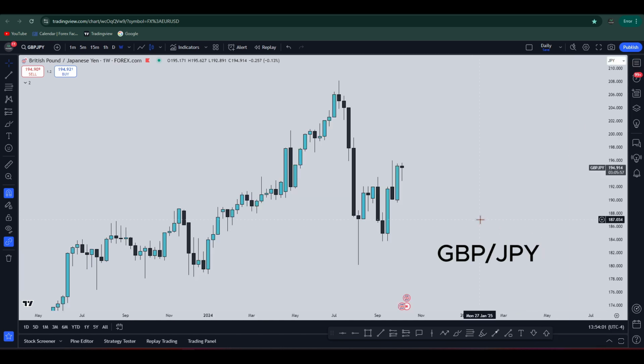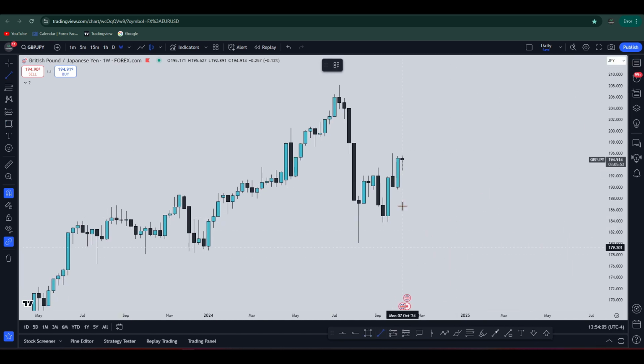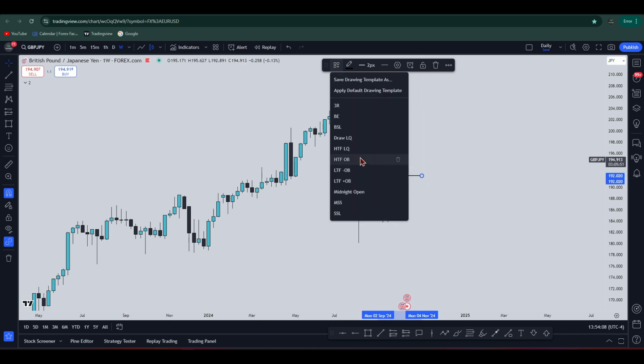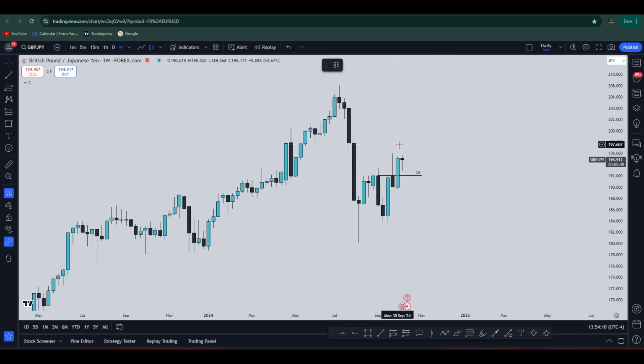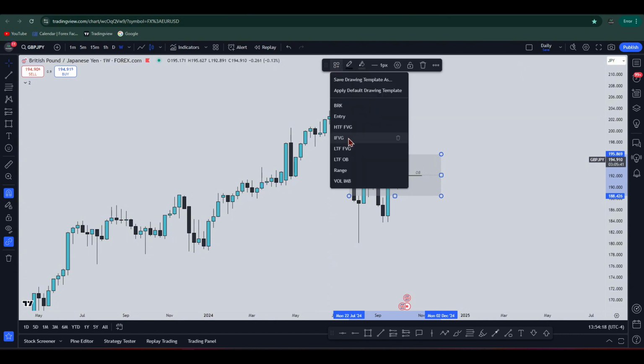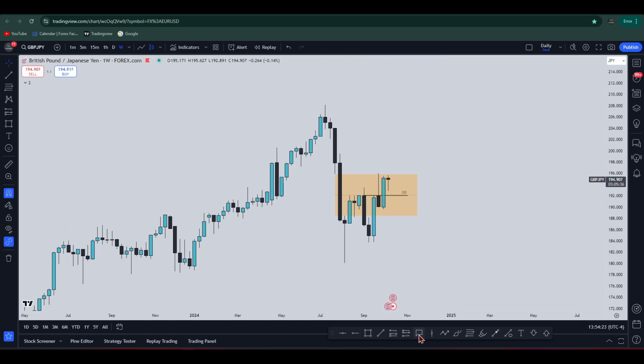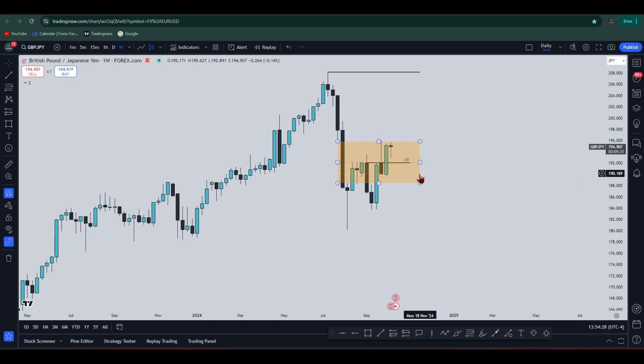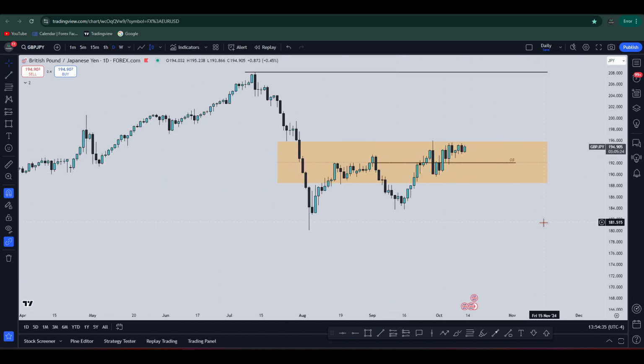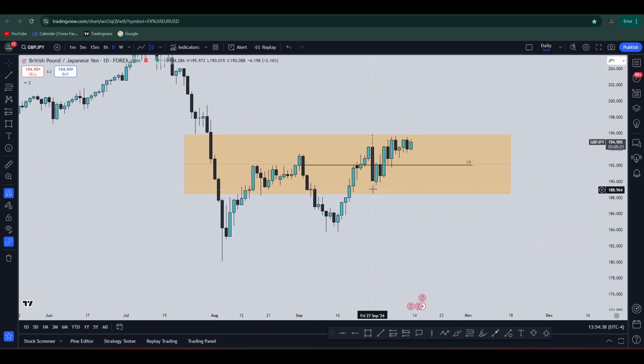GBPJPY, I haven't marked anything just yet, but I can do it quickly. So this is what I see, an order block, bullish price action. We are about to make an inverted fair value gap, or will we? We have to see. Let me just change the color. If we invert this, we are definitely going to take this high. This is my prediction, on the weekly. The daily is bullish, but we're still in this higher time frame weekly fair value gap, so we'll see what happens.